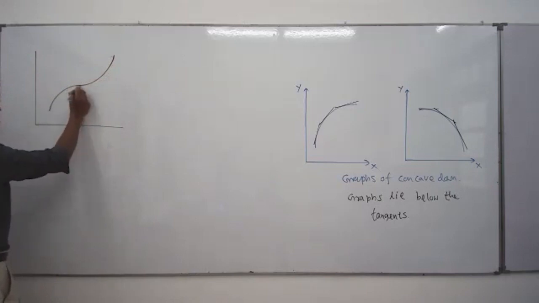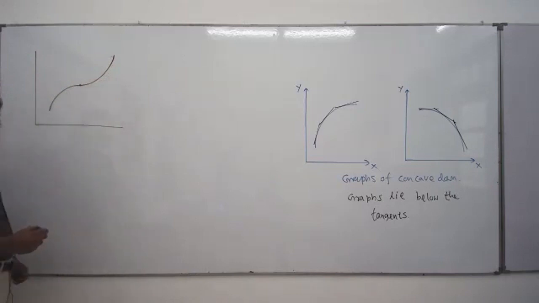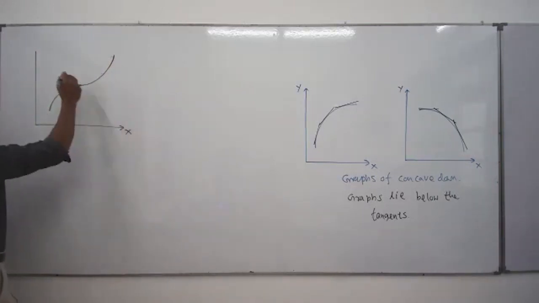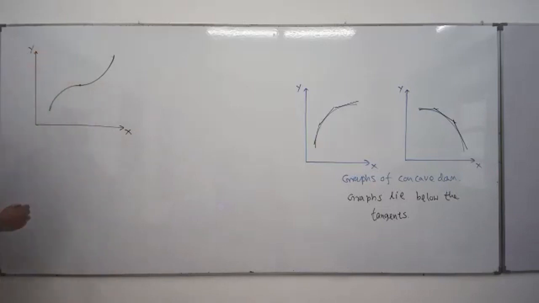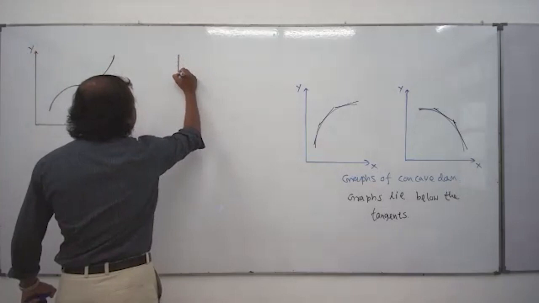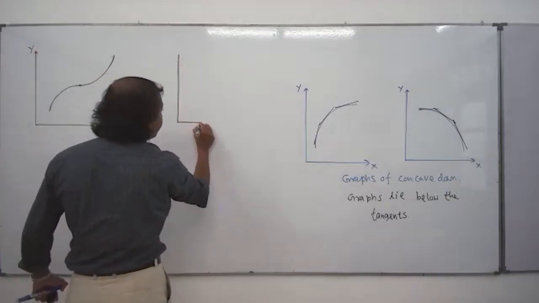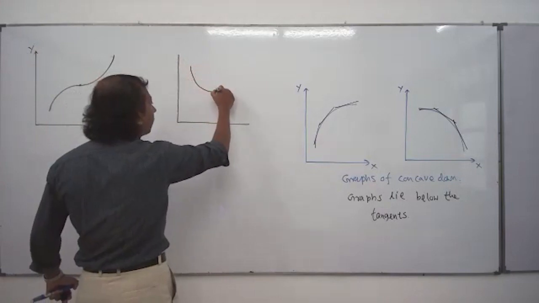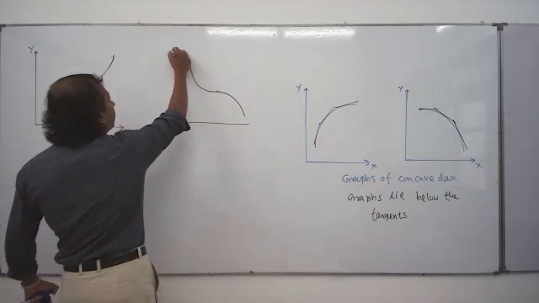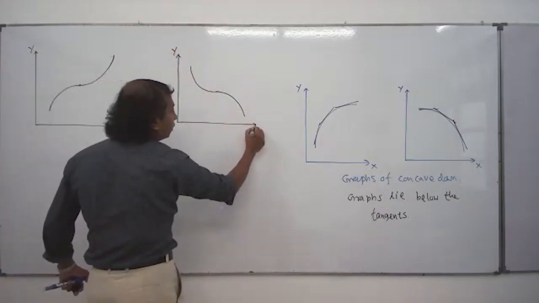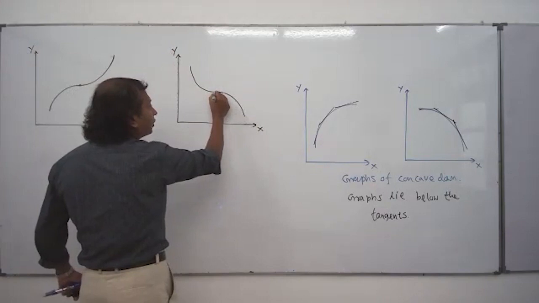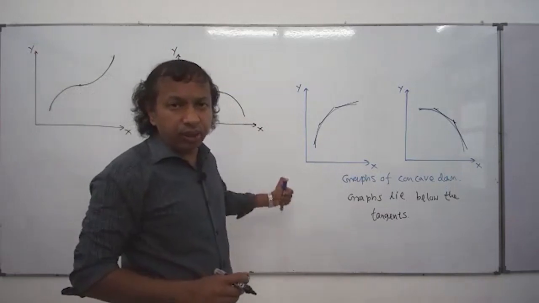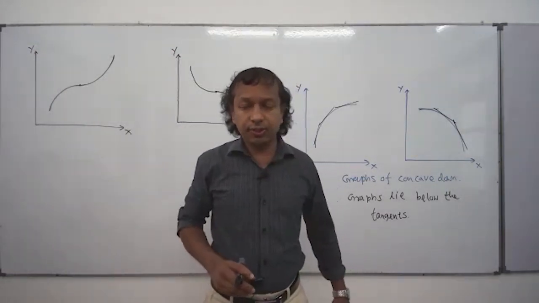In this graph, this point we identified as a stationary point, and this is called a point of inflection. The other possible shape for this point of inflection with the stationary point is this. Can you remember? I told this is called a point of inflection. Here we have a stationary point. While we were discussing the stationary point, I discussed this point of inflection.